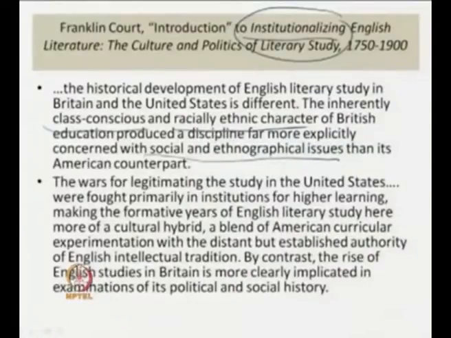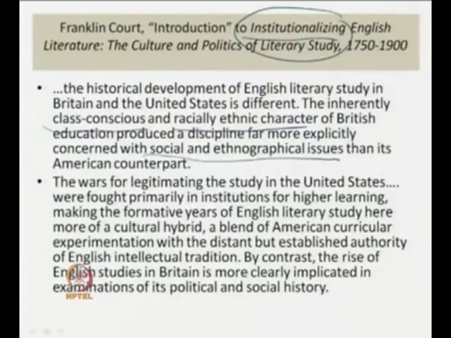Therefore, the discipline called English literary study becomes more ethnographically and socially motivated, or the approach is more social, based on issues sociological or social and ethnographic, right.